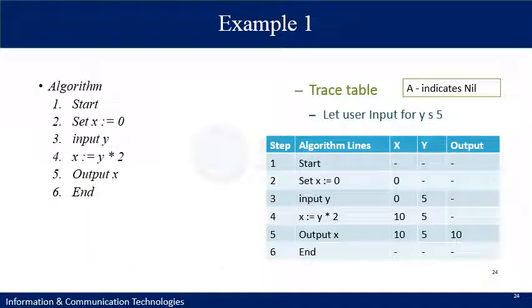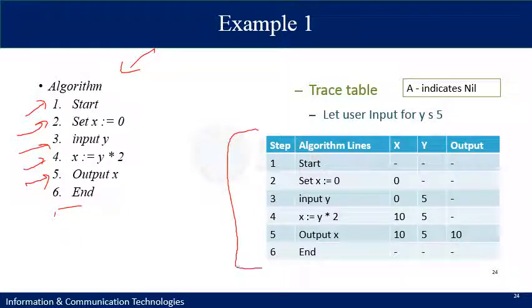Let's understand the trace table or dry run with the help of an example. We have an algorithm which starts and sets a variable x equal to 0, and then takes the input of another variable y, and then calculates x equal to y multiplied by 2, and then outputs this new variable and ends the program. Let's use this algorithm to trace our values.